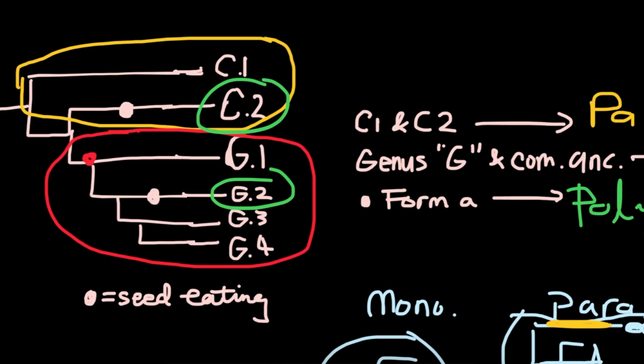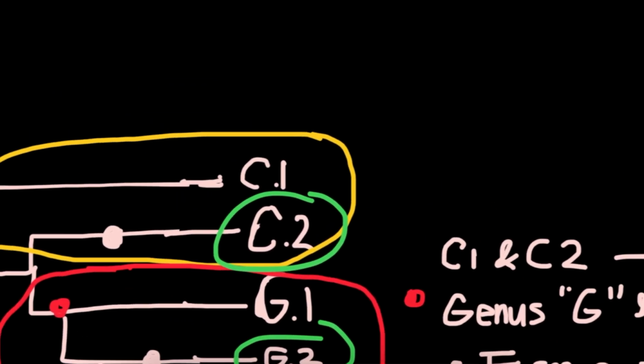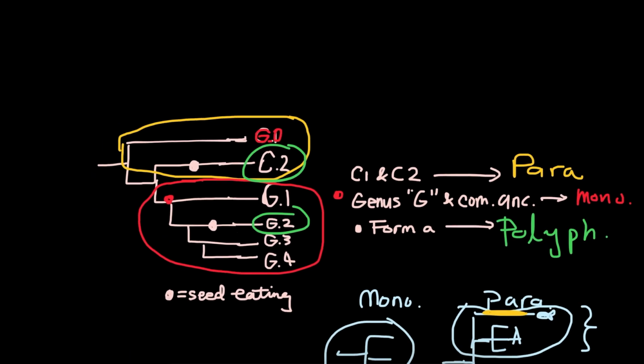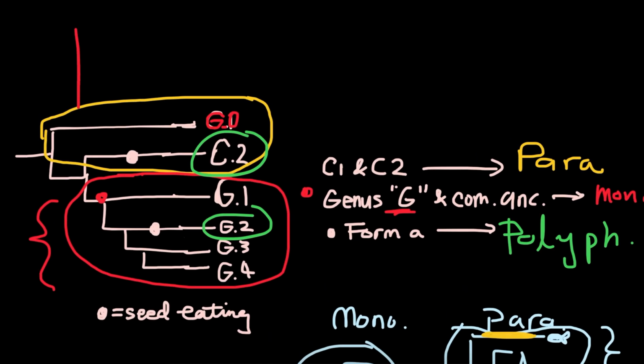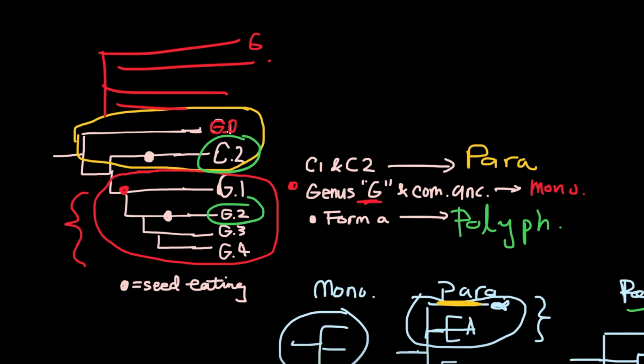Okay, now sometimes what they might do with this second question, genus G and the common ancestor, okay, this looks normal, but sometimes what they might do is somewhere like maybe up here or what have you, I'll just change our example here, somewhere up here they might hide the genus G. So when you look at it, it looks like, oh, well, there's all the genus G's, that means it's monophyletic, but sometimes this might be a really, really long tree, and then there are a few more G's hidden in here, and it's in really small text and very blurry, so that when you're rushing, you just think, oh, well, it's just monophyletic.